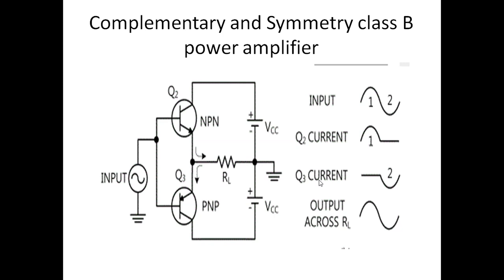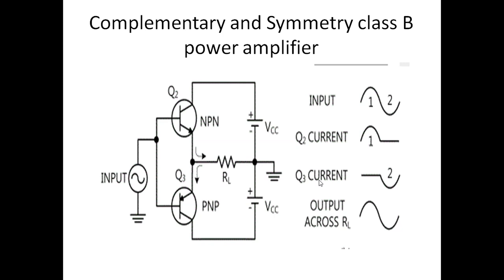The Q1 transistor's base is connected to the upper wire of the secondary winding, and the lower wire is connected to the second transistor, that is Q2's base. Whereas the center tapped connection of the transformer is connected to the two emitters, which are tied together.